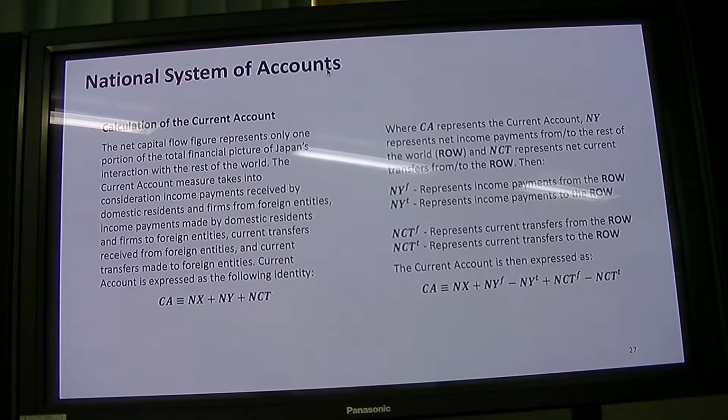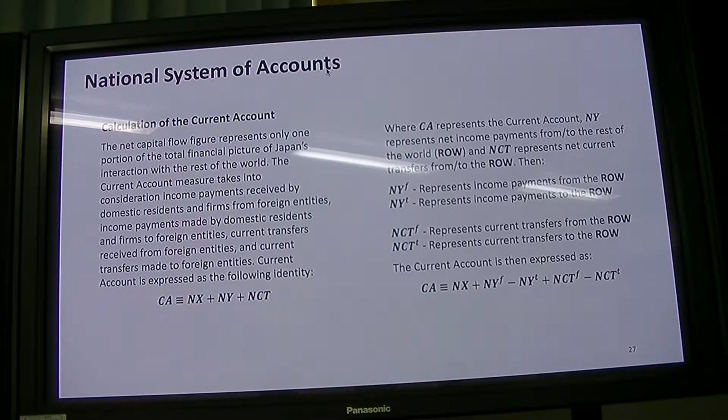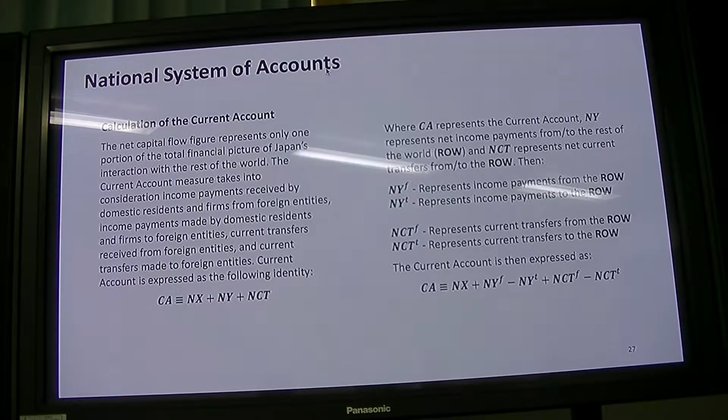And these are flows of capital. So we're talking about flows. We're talking about net flows. So what we're trying to do here is to understand the flow of goods, investment, and capital in and out of countries, so that we can understand their position.